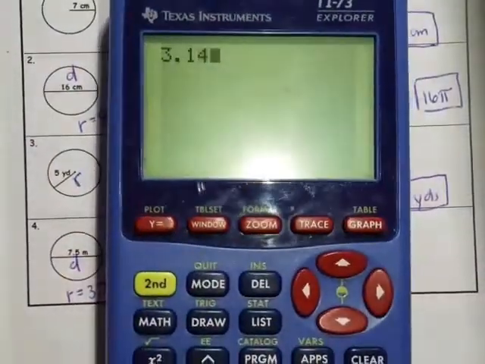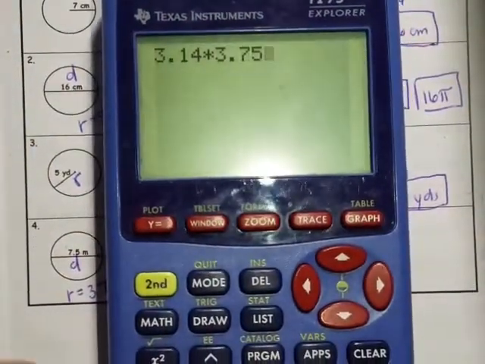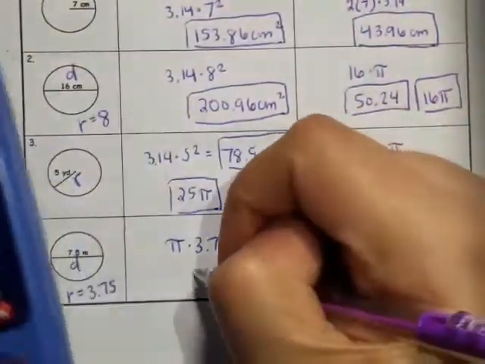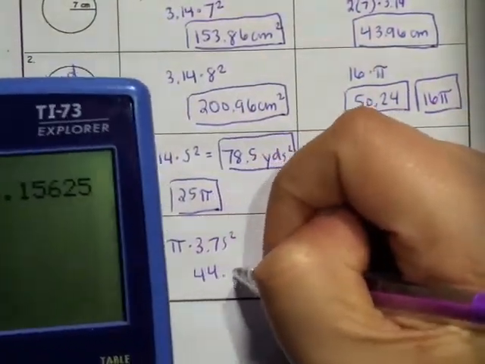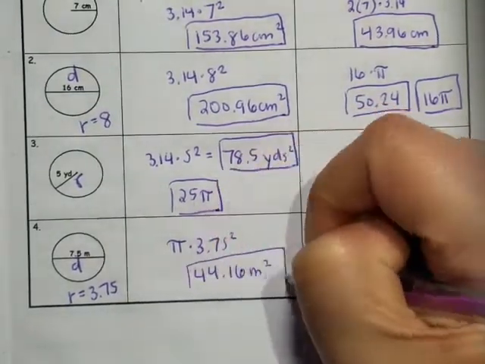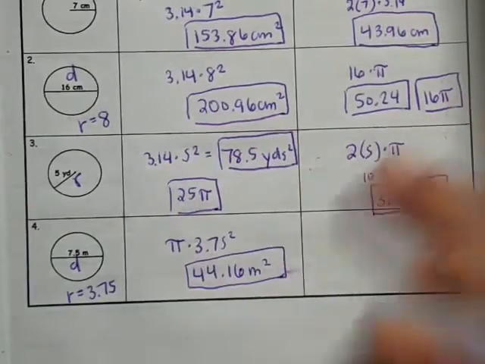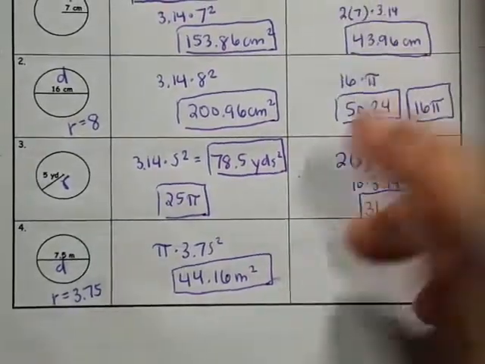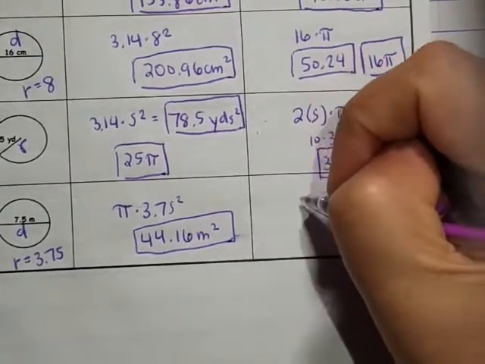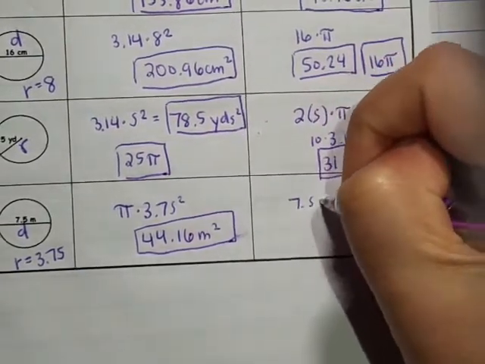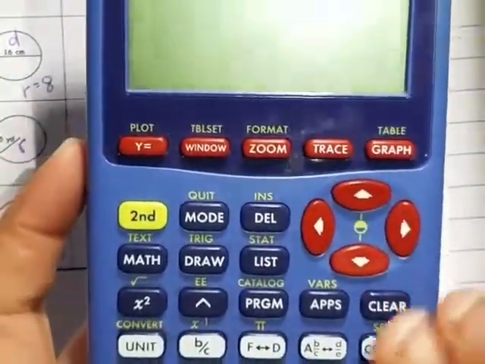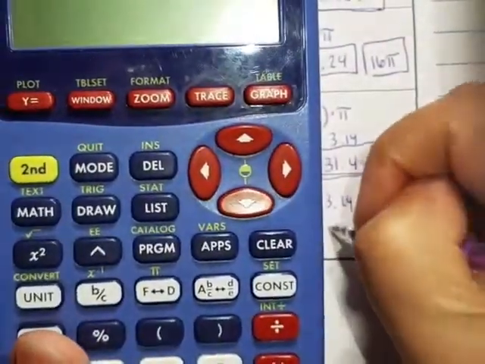So 3.14 times 3.75 squared gives me, going to the hundredths place, 44.16 meters squared. If you want to leave it in terms of pi, that's fine. It didn't ask us to, but if you want to practice doing it that way, you can. And then just pi times d, so 7.5 times 3.14 gives me 23.55.